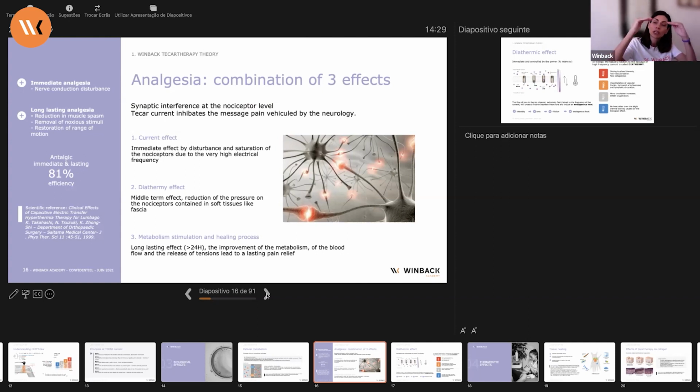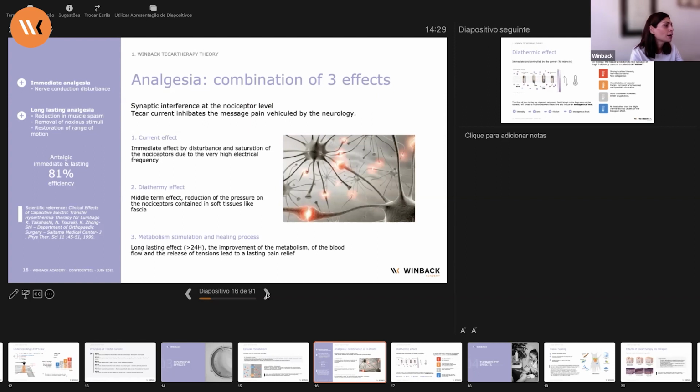So we'll lower the limit of pain, and will enhance the production of endorphins and good hormones for the patients. Like this, we'll have a long-lasting effect of analgesia, and will improve the metabolism and the blood flow, and will release the tensions, leading to a lasting pain reliever.